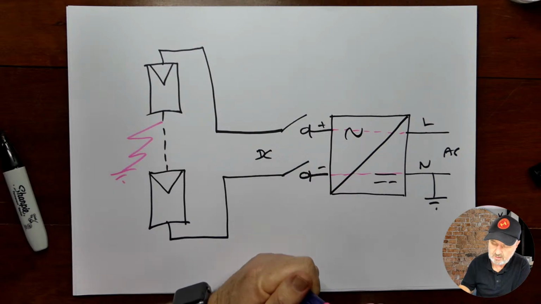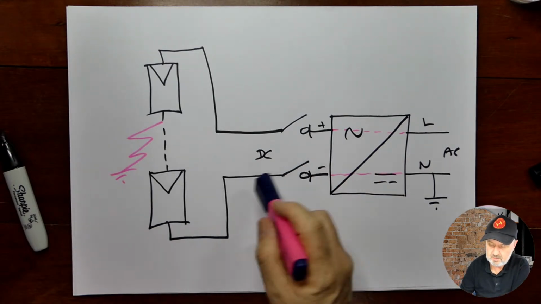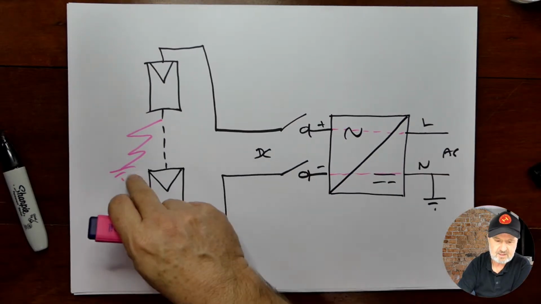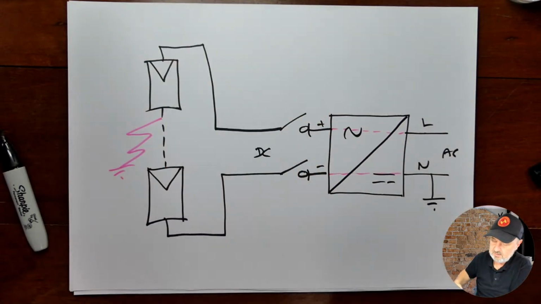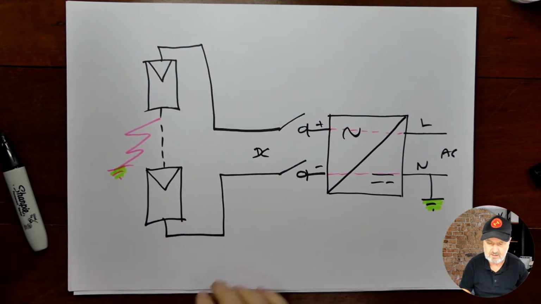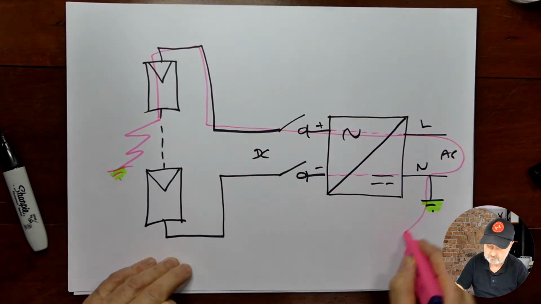When the inverter's operating, the DC is directly connected to the AC side. It actually switches back and forth, 100 times a second or so, and that's how it generates an AC waveform. But when it's operating, there is no galvanic isolation between the AC side and the DC side. So here's our earthing point here, and we've accidentally earthed over here. So while that system's operating, we're going to get a fault current that goes like this.